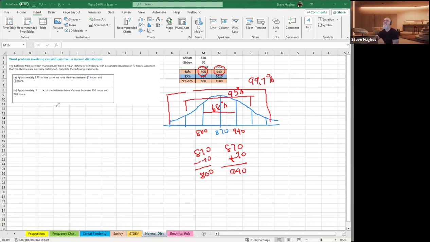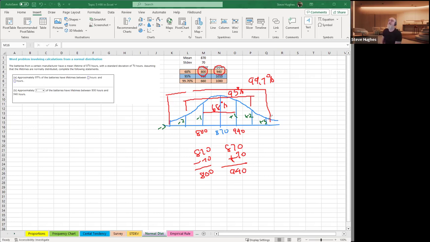Let's get a different color here. So this is -1, -2, -3 standard deviations, +1, +2, +3 standard deviations. That is the empirical rule. So now you can easily answer that question.